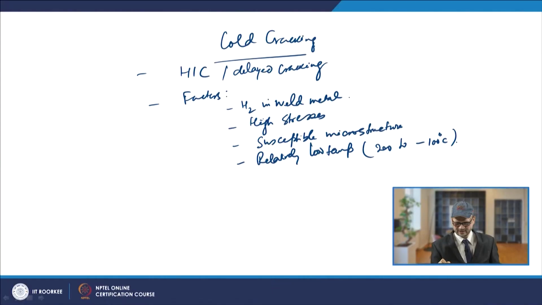What is important is that one of the traits of these cracks is that they can even go into very hard areas. They can appear in the heat affected zones, and also in the area of localized hard spots.